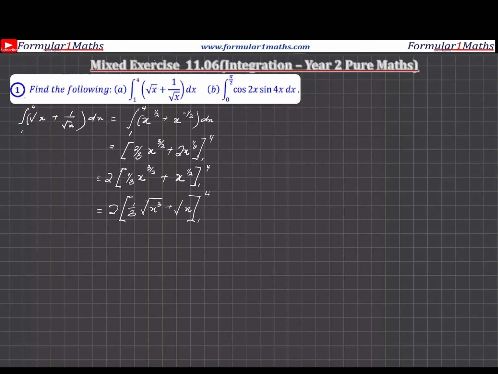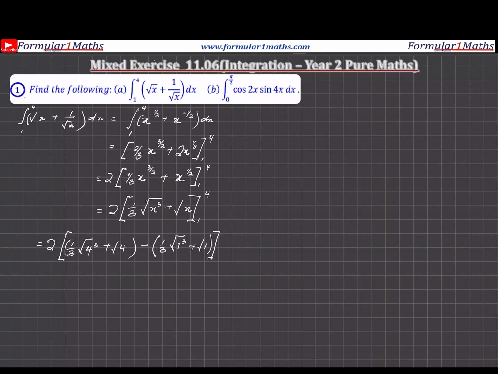I can now do my evaluation by putting 4 in there and 1 in there. So if I do that, I'm going to get 2, and that's 1/3 square root of 4 cubed plus square root of 4 minus 1/3 square root of 1 cubed plus square root of 1.